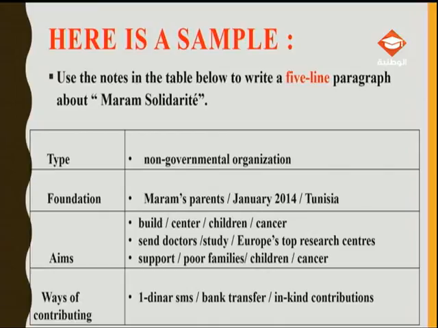Finally, how, if you are interested, how can you contribute to this organization? There are 3 ways: either a 1 dinar SMS, a bank transfer, and in-kind contributions. So, how are we going to use this information, the information provided in the table, to write our paragraph?